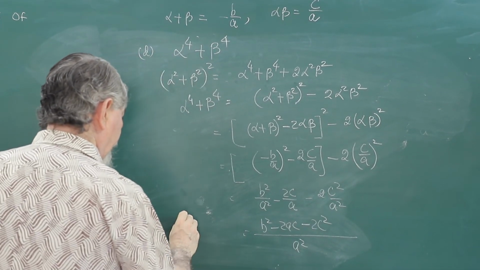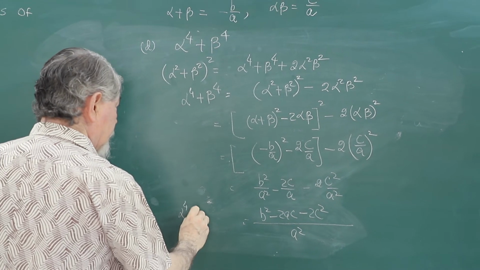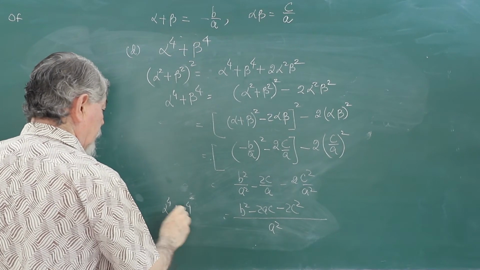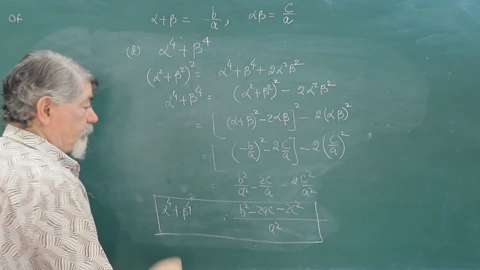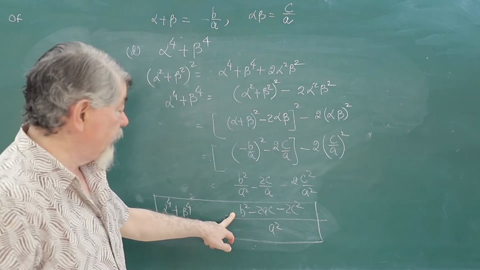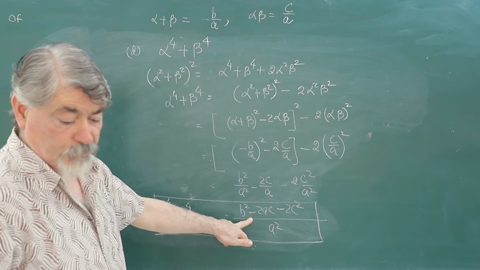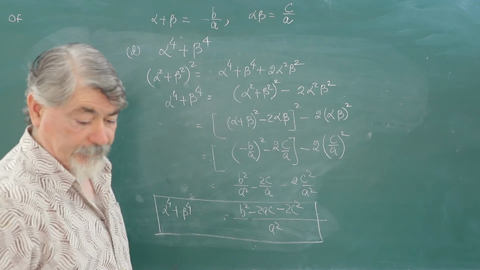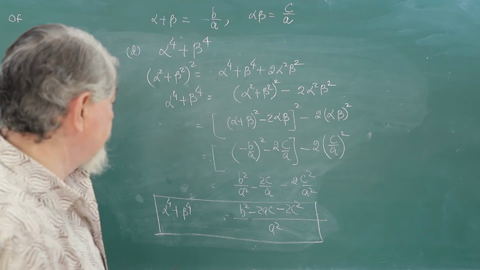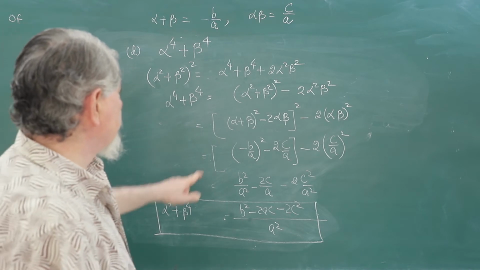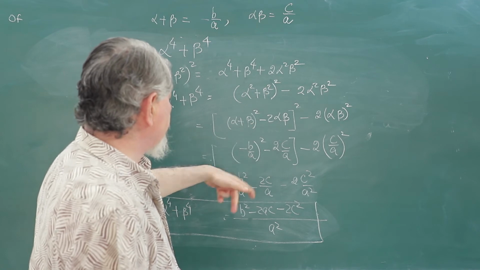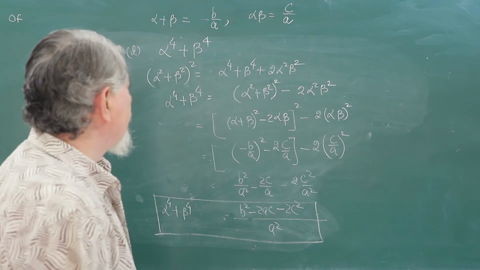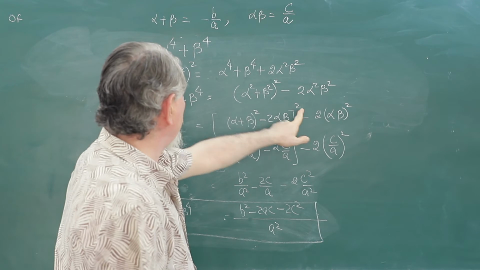So your alpha 4 plus beta 4 will become of this form: b squared minus 2ac, minus 2c squared. Because this is whole square, yes, b squared upon a squared, this will become like this: alpha square plus beta square whole square.